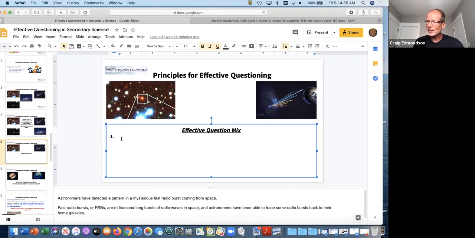So one question I came up with is, what is the source of the radio signal? I don't think we need to underline that, but we will keep it in bold. Where's the underline there? Okay. What is the source of the radio signal? How is the radio signal produced?